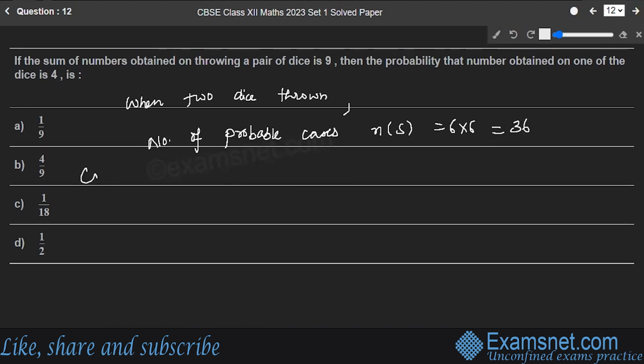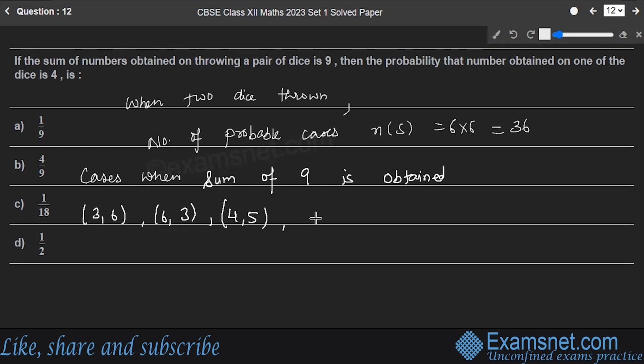Now, the cases when a sum of 9 is obtained. When will you obtain 9? When the first dice has a 3, the second has a 6; first has a 6, second has a 3; first has a 4, second 5; and first 5 and second 4. So the total favorable cases are n of A is equal to 4.